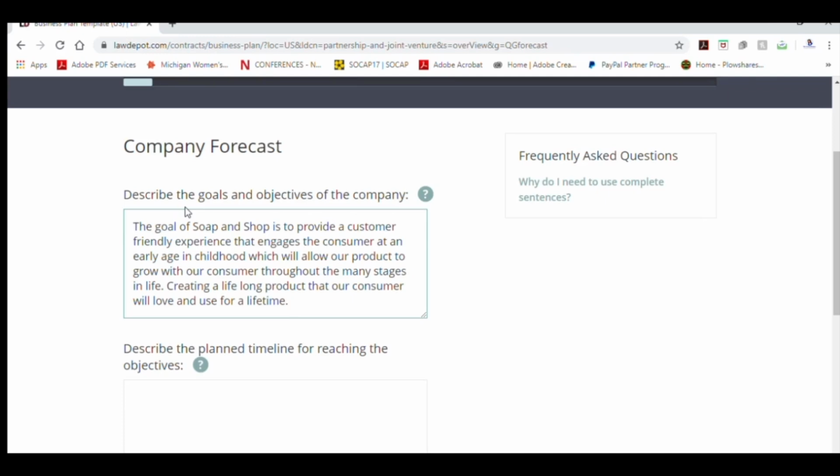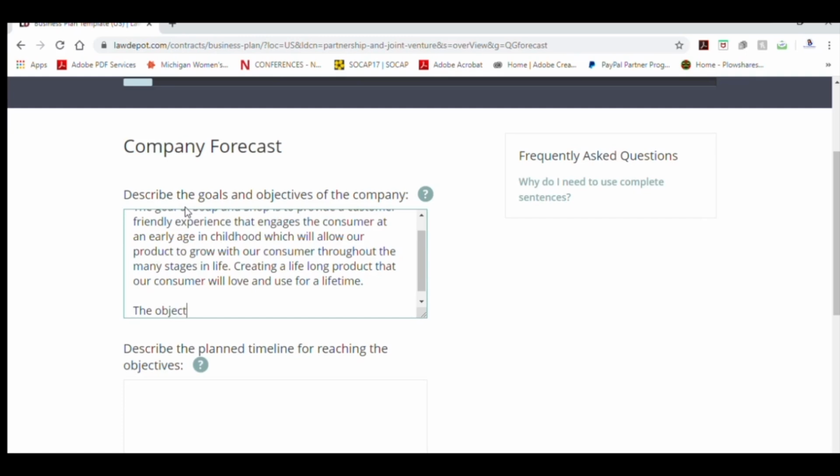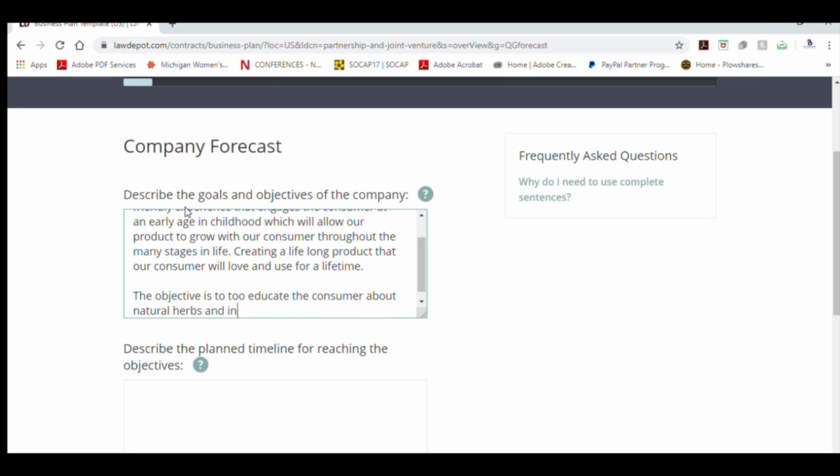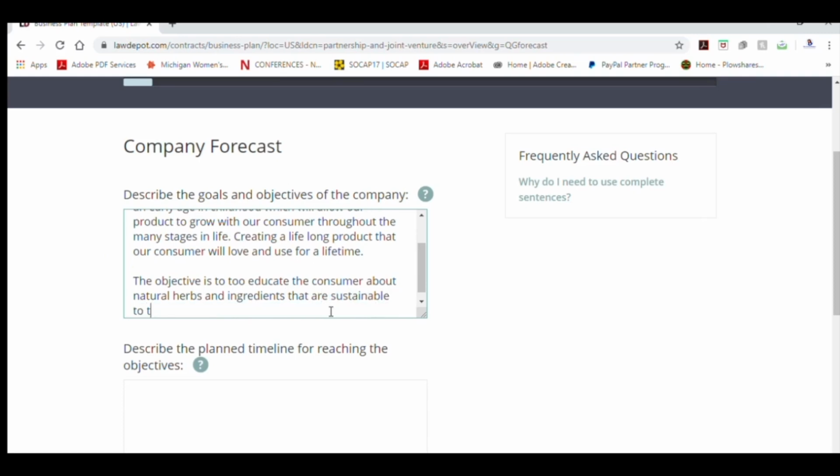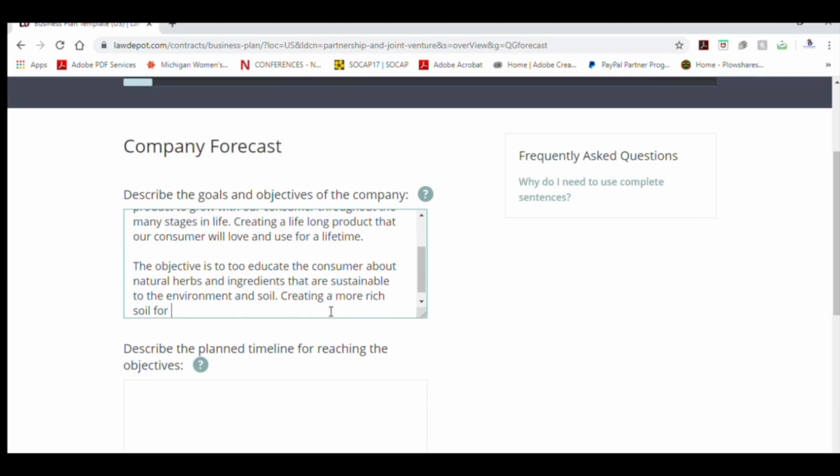Now, maybe I have other goals. So the objective is to educate the consumer about natural herbs and ingredients that are sustainable to the environment and soil, creating a more rich soil for use in, let's say, farms, and I don't know, flowers.